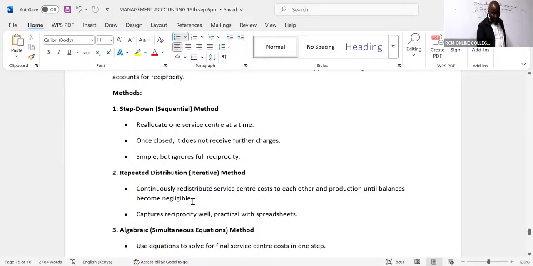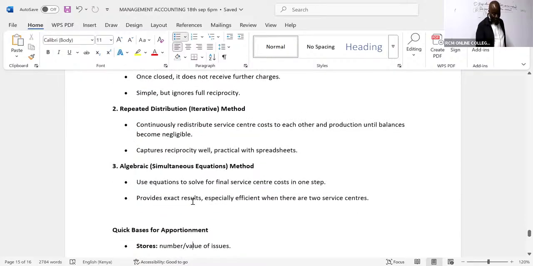And then we have number three. Number three is what we call the algebraic, or simultaneous equations method.